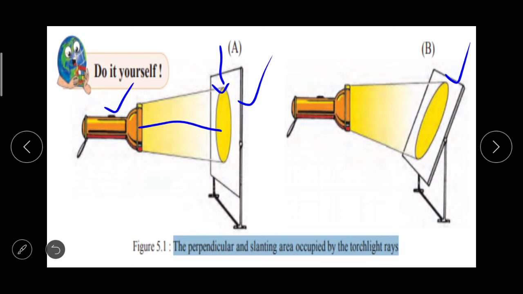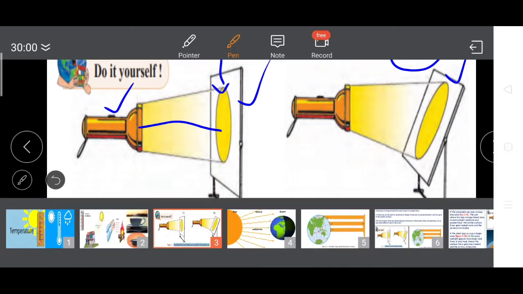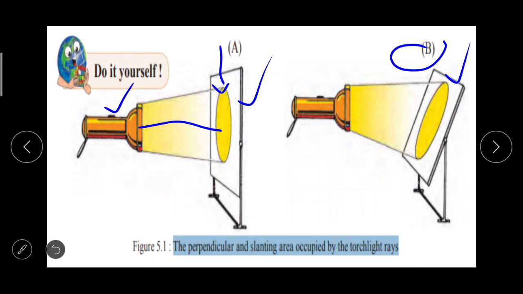Then next thing, use the other paper, hold it in such a way that it makes an angle of 120 degree with the beam here in figure 5.1b, and draw the outline of the area occupied by the beam.